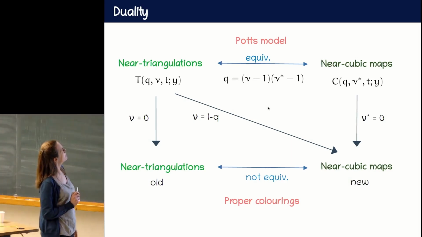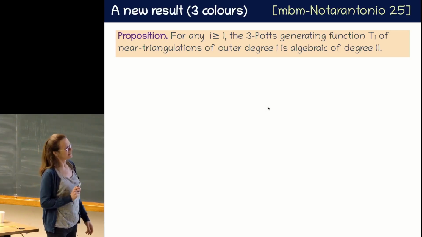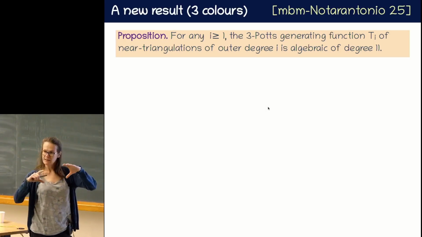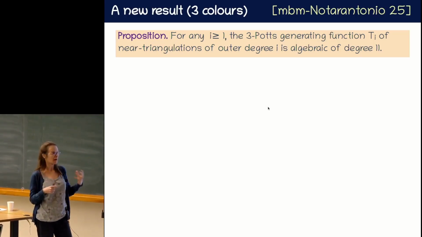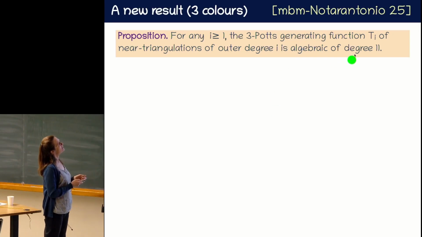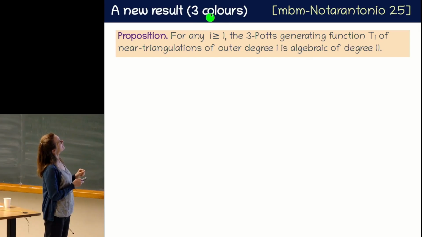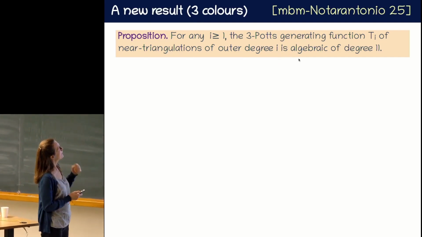Okay, so I come back to our result. What we proved is that if you fix the degree of the outer face in your near triangulation, say it's i, then for any i, the generating function t_i, counting the 3-Potts polynomial for all near triangulations of outer degree i, is algebraic of degree 11.